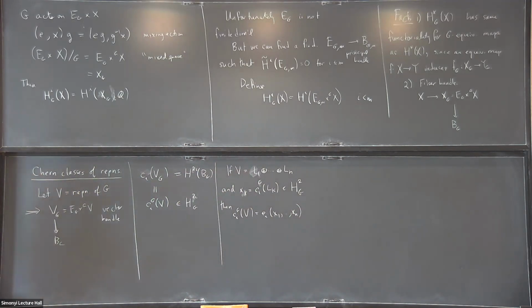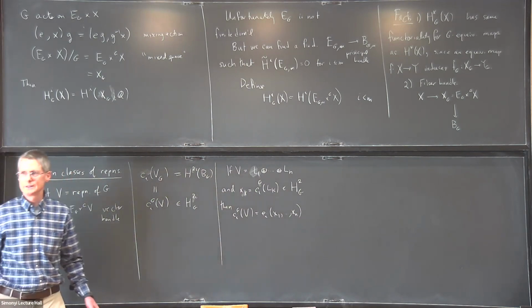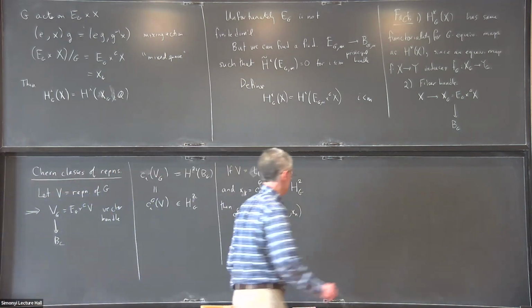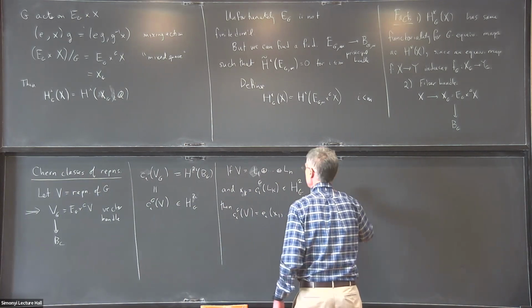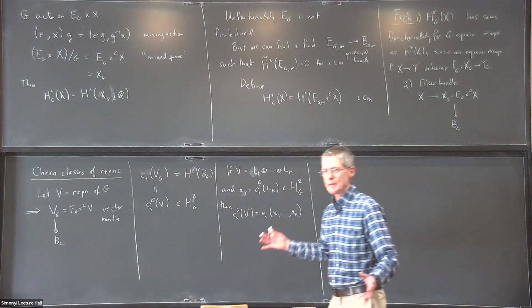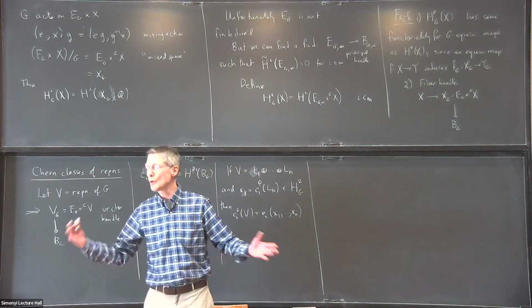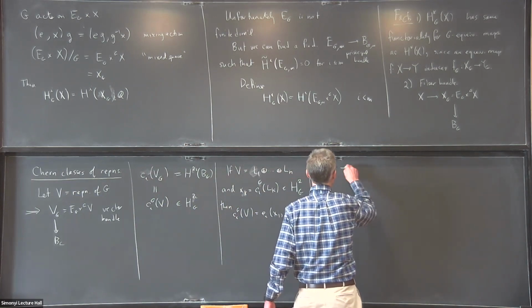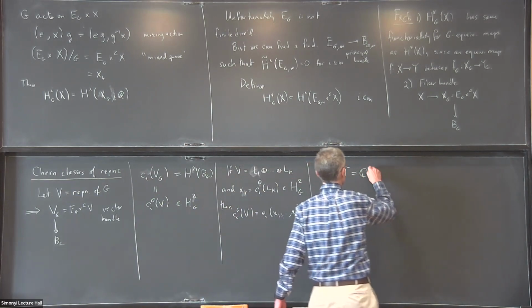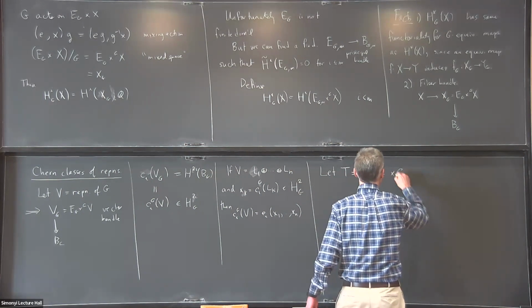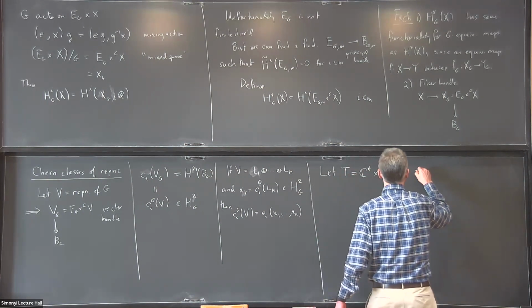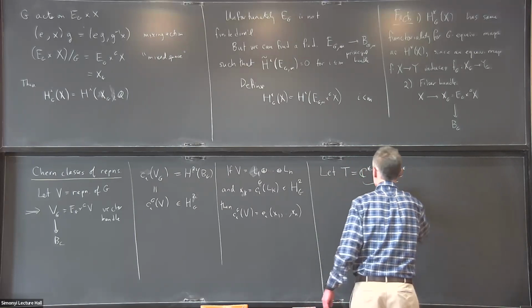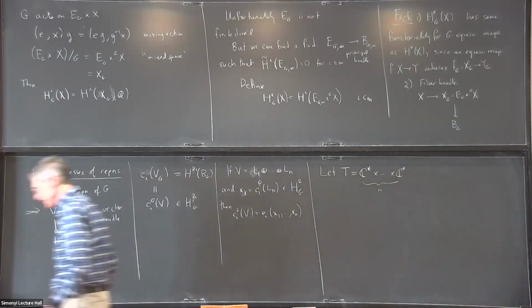Okay, so are there any questions at this point? Okay, so now I want to move to the main protagonist of our talk, which is the torus. So I want to let T be C star cross C star with n copies here.